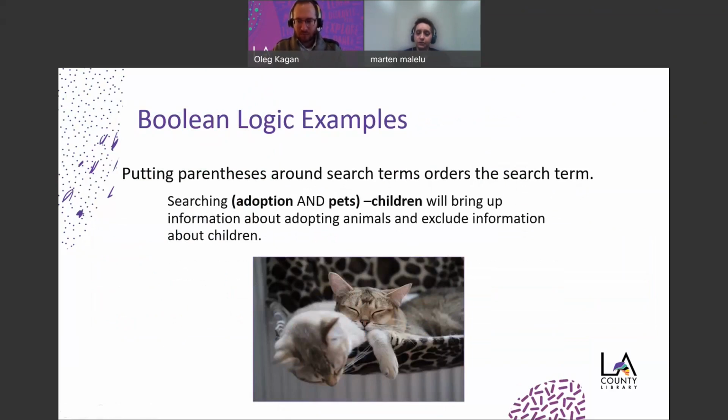And then minus children would take away children from that search. So I wouldn't be searching for children for adoption, I'd only be searching for pets for adoption. You can use any of these things whenever you want. It just depends on what you're searching for and how you want to limit your search.